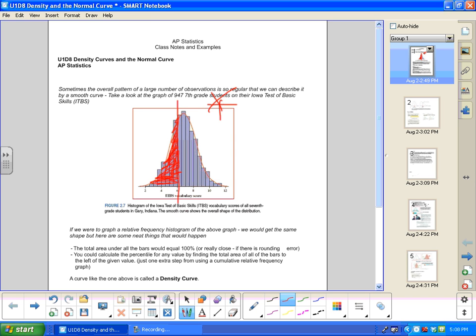And that area right here would be the percentile for a score of 6.